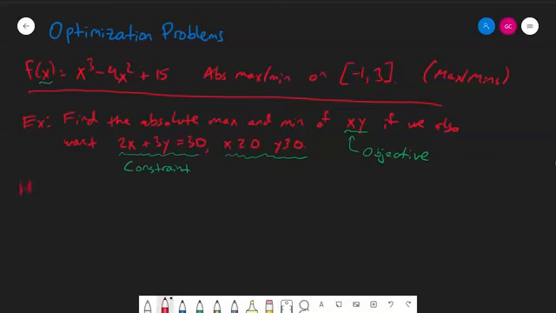So how can we turn this into a single variable problem? Well, the secret is in the constraint right here. If I want 2x plus 3y to be 30, that means that x and y aren't really independent. In fact, I could take that equation and solve it for y.